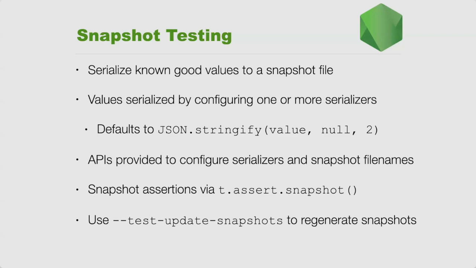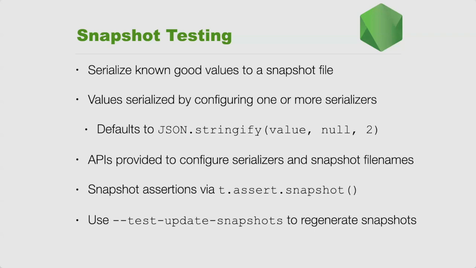The way it works, in our case, is by default we will stringify whatever your value is using JSON.stringify. That's great because JSON.stringify is available everywhere. It's a good default. It does have limitations, so, for example, you can't stringify an object that is circular. We did provide additional APIs where you can configure the serialization as well as the snapshot file.